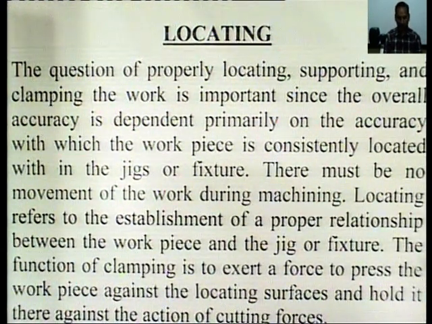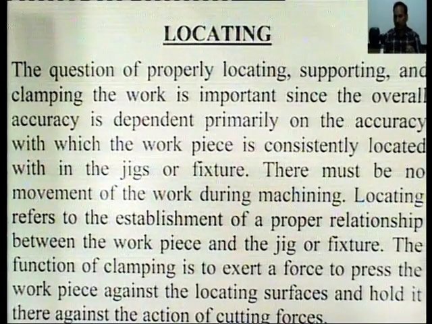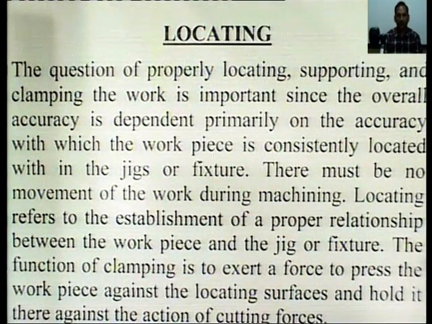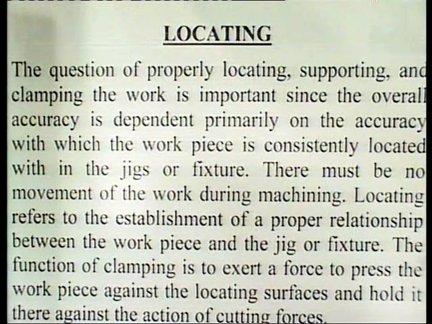Locating. What is locating? The question of properly locating, supporting and clamping the work is important since the overall accuracy depends primarily on the accuracy with which the workpiece is consistently located within the jig or fixture.